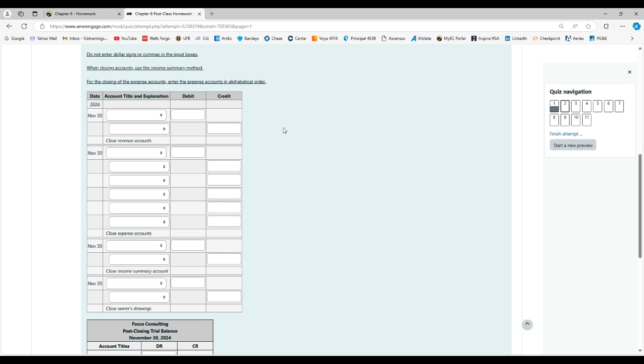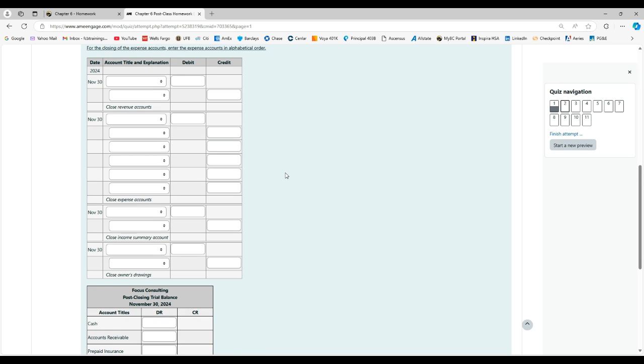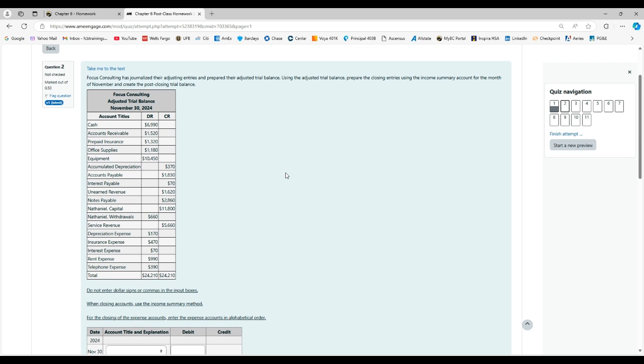They give us drop downs and all that. And just to foreshadow what we're attempting to do in this kind of problem with these closing entries: we want to close all the temporary accounts into equity, into one account, into this capital account essentially.